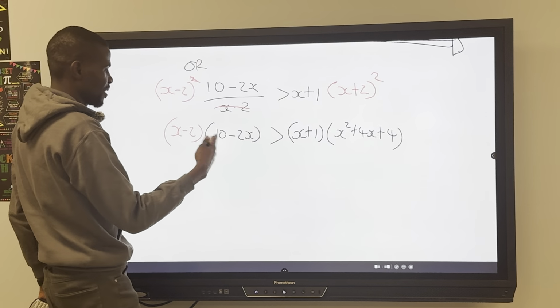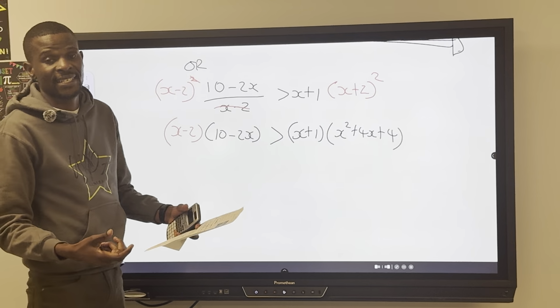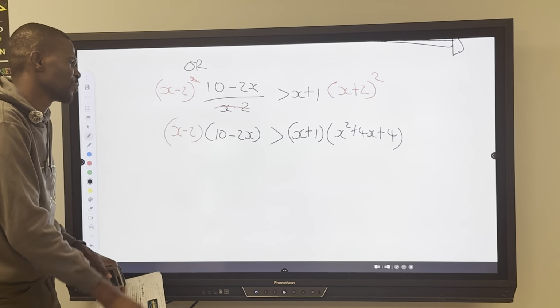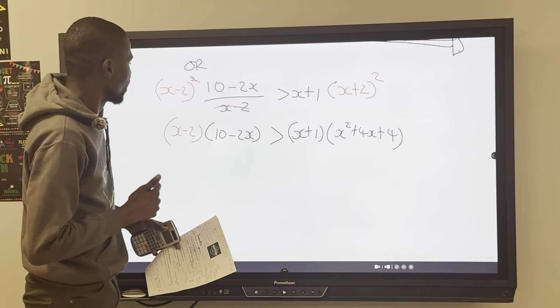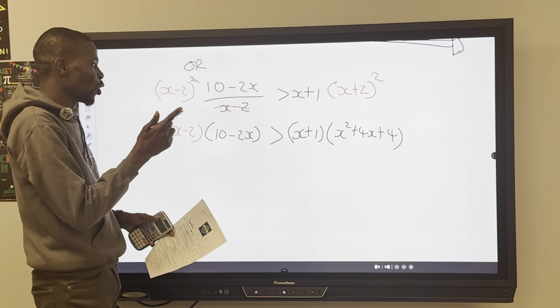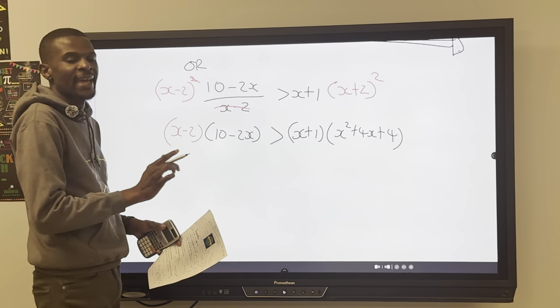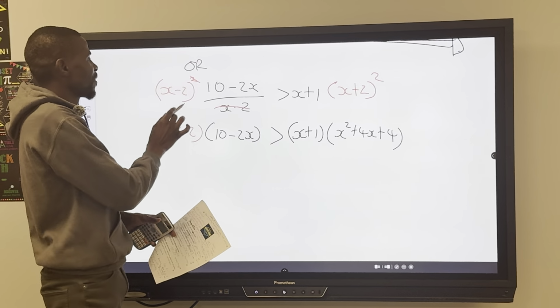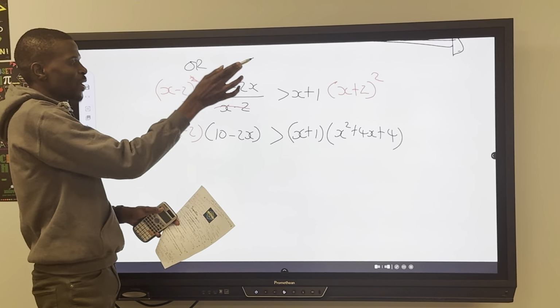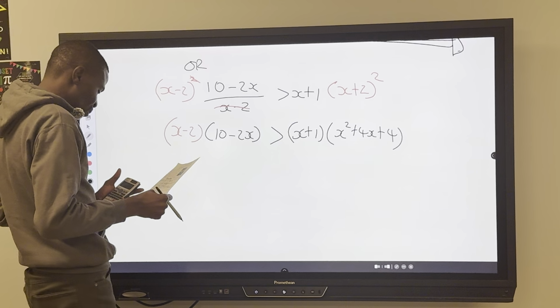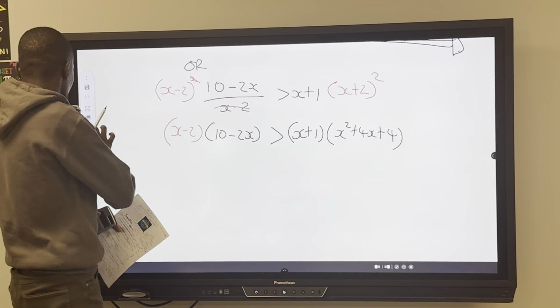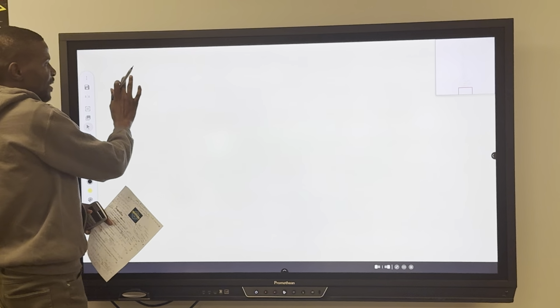So this is the method which you could use. I'm not going to continue with it, but I just wanted to show you that if you decide to cross multiply, don't cross multiply by a negative, rather make it positive. So you're going to square both sides. All right, so with that being said, I'll move on to ZIMSEC June 2016.